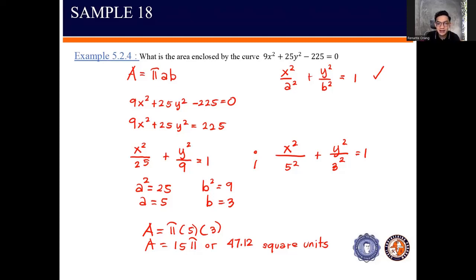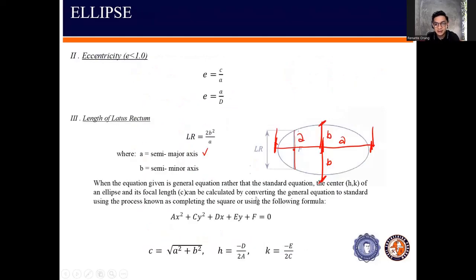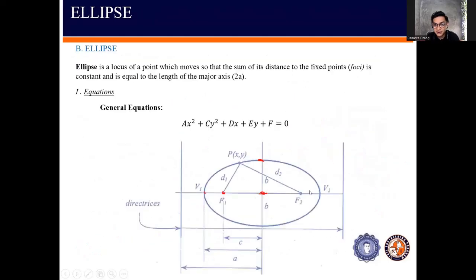And then again, na-determine natin yung A at B natin na value. Ayan. So ito yung kanyang figure. Ang A natin is 5. Ayan. Then B natin is 3. So that is our vertex.